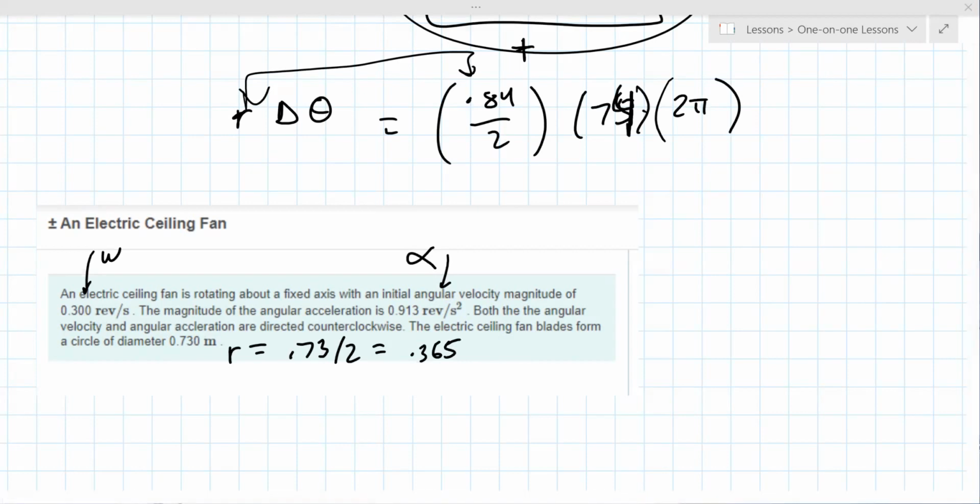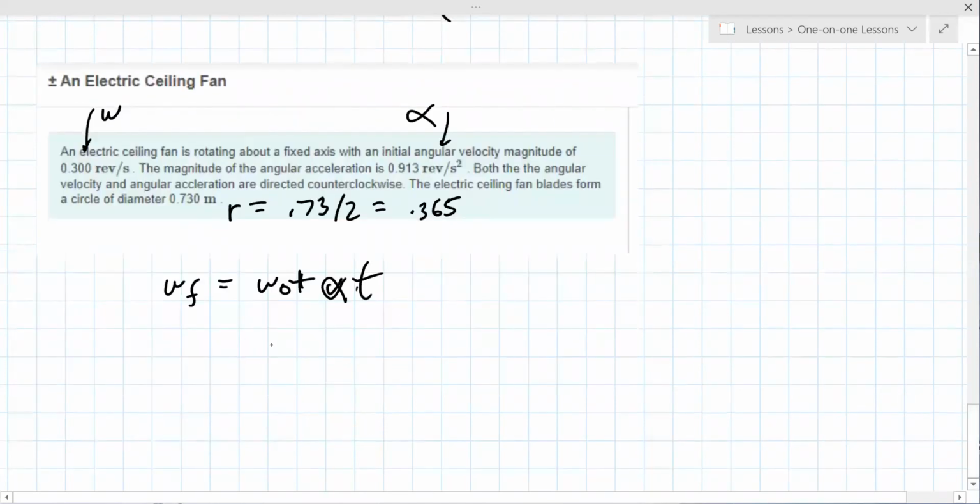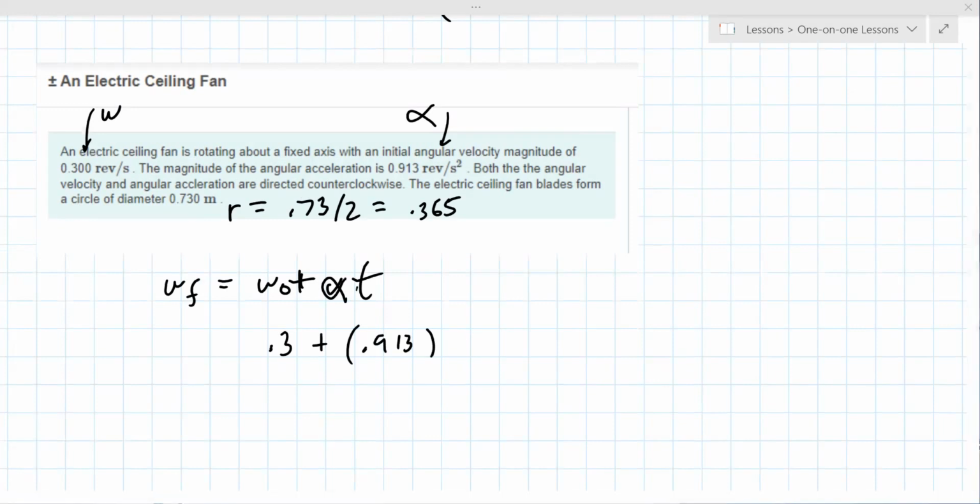So part A asks for the angular velocity 0.192 seconds later. So the angular velocity omega final is equal to omega initial plus alpha times t. Sorry, it's not alpha times t. So we have 0.3 plus 0.913 times 0.192.